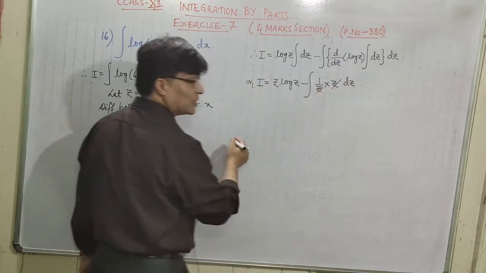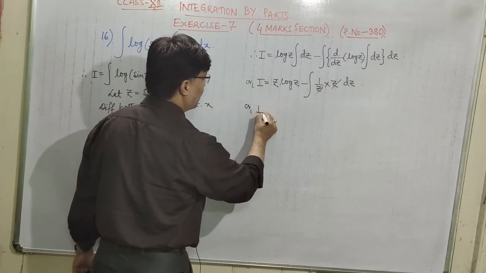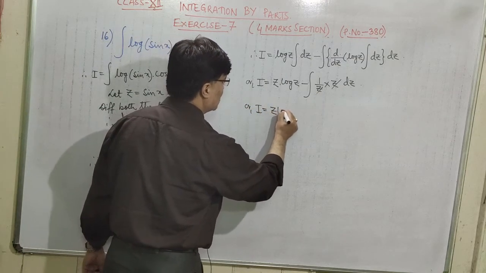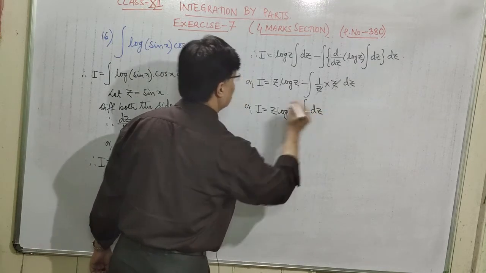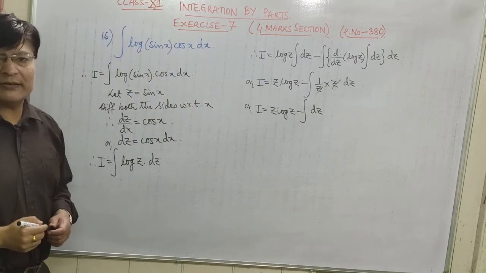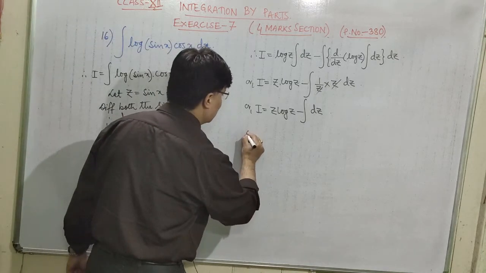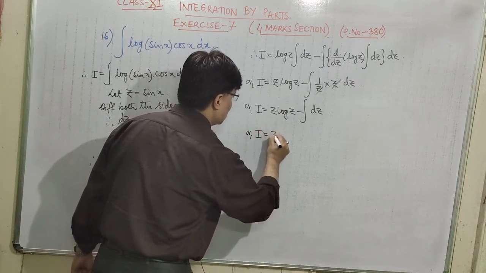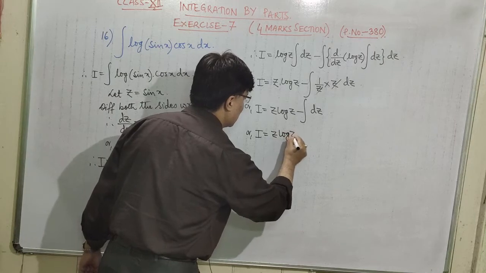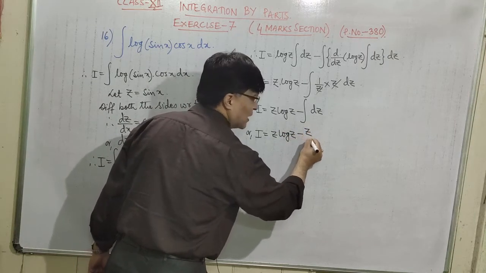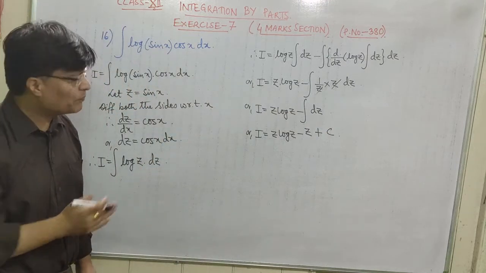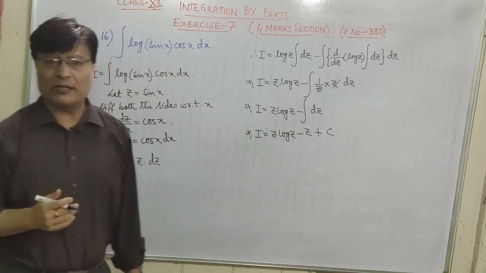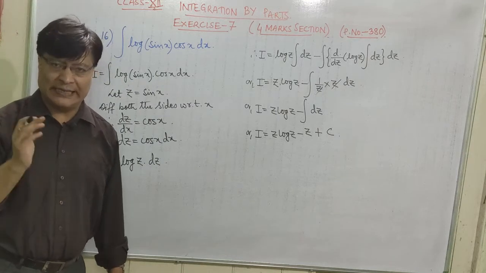So here z gets cancelled, or I is equal to z log z minus integral sign dz. Now what is integration dz? That is your z, or I is equal to z log z minus, what is integral sign dz? That is your z. Then what do you write? Plus c. So we have finished integration. So in the answer you should write plus c, that is the constant of integration.